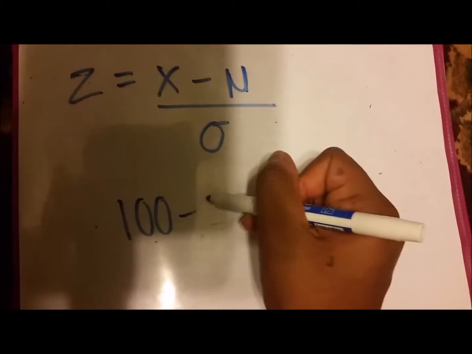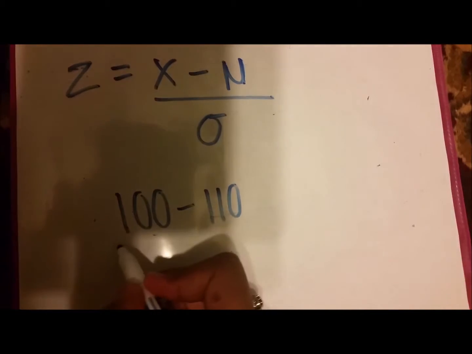So for A, we know that we need to find scores above 100. So our observation will be 100 minus our mean of 110 over 25.